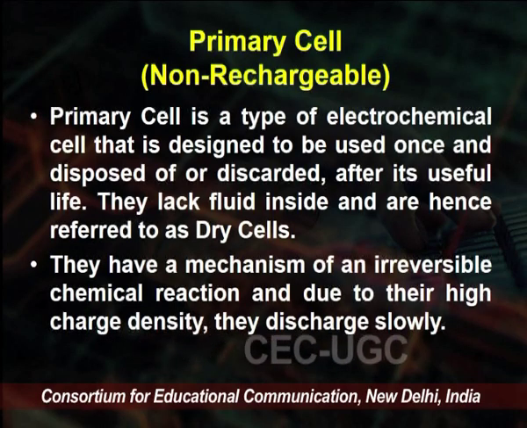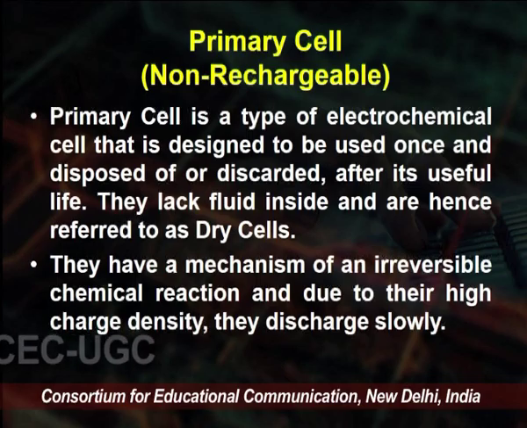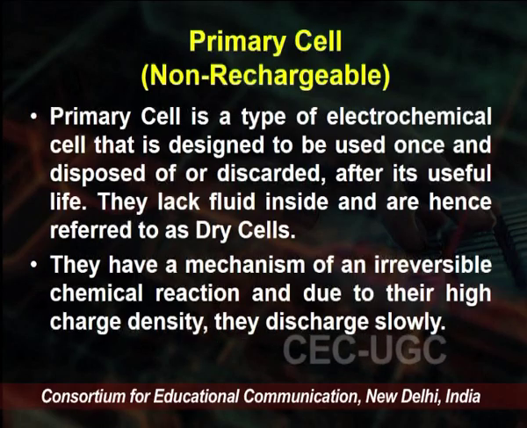They have a mechanism of irreversible chemical reaction. Due to their high charge density, they discharge slowly. The primary cell is not rechargeable and cannot be restored to its original charge once it has been depleted. Primary cells are used in a wide range of applications, as you can see there are various applications of the primary cell.